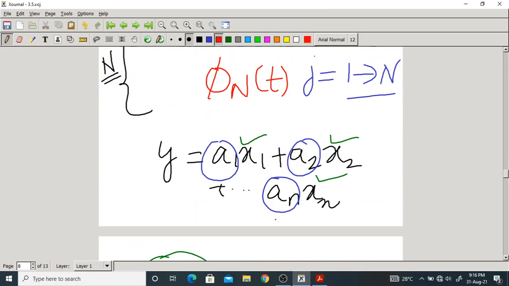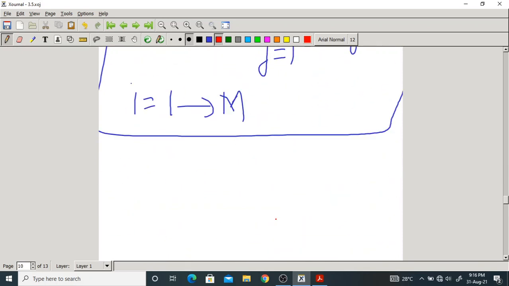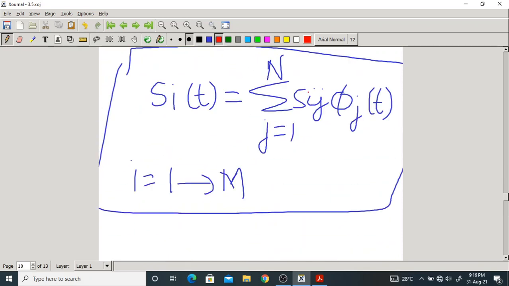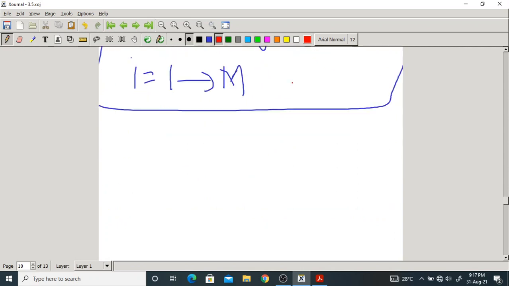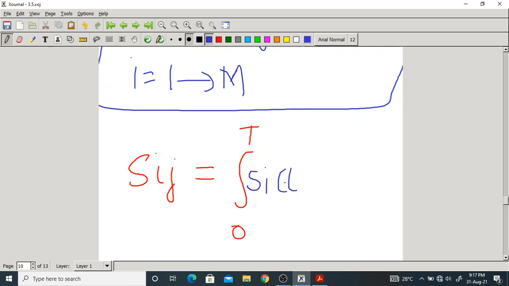Now, how to find out these coefficients of expansion Sij? They are simply constants, no? They are something like coordinates. How to find Sij? Integration 0 to T, Si of t phi j of t dt.